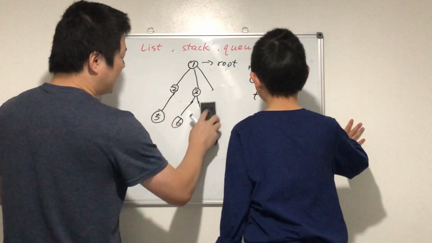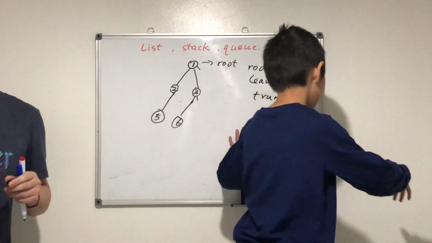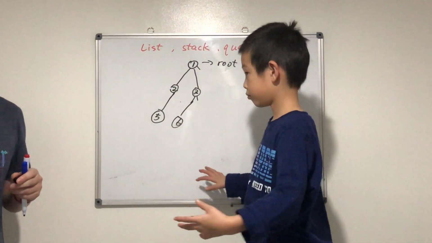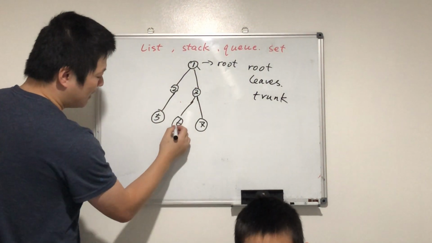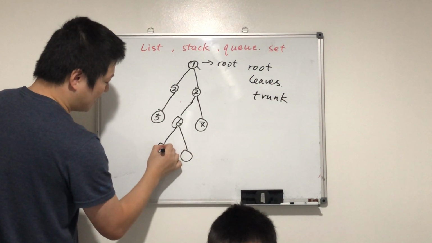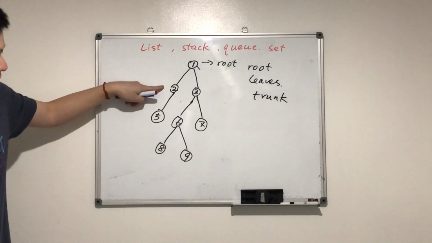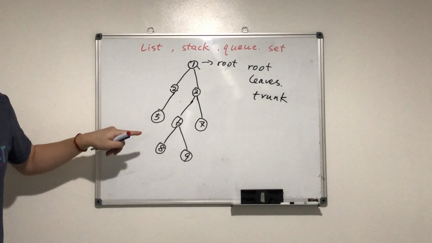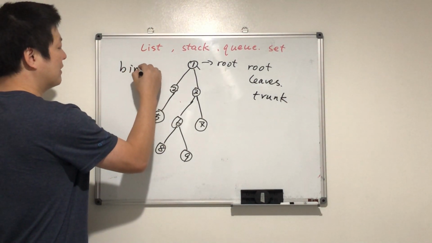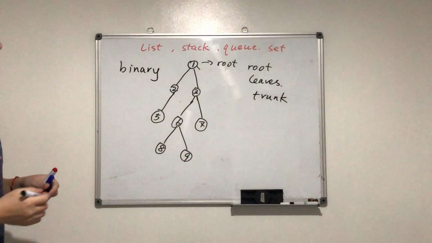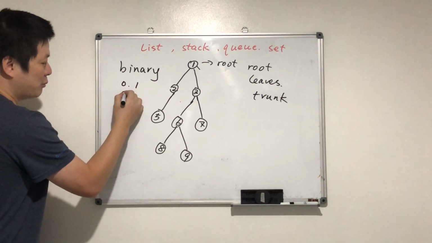Now, another property is that if we say a parent can have at most 2 kids, so he cannot have more, right? If a parent can have at most 2 kids, we call it a binary tree, because binary means 2, 0 or 1, 2 maximum.